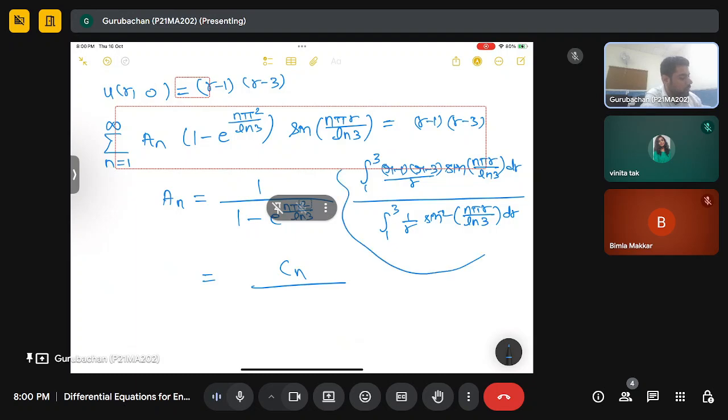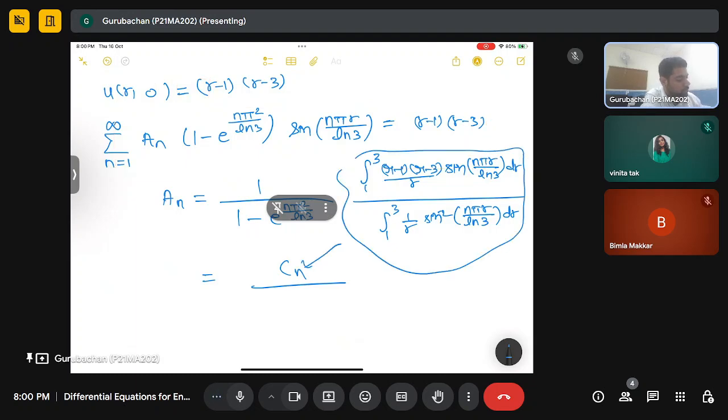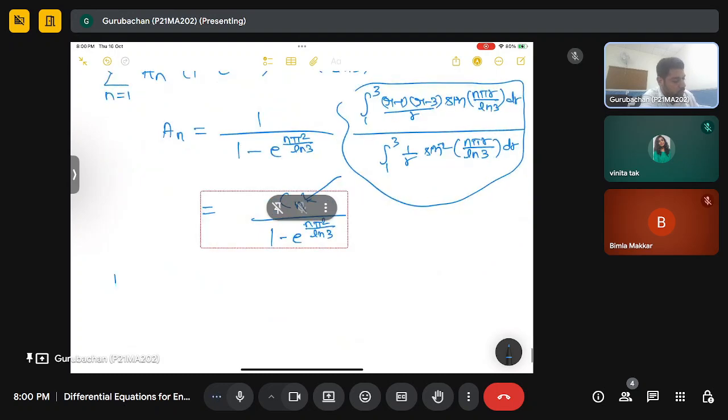I'm denoting this by c_n for simplicity, and you will put this value in u(r, θ).